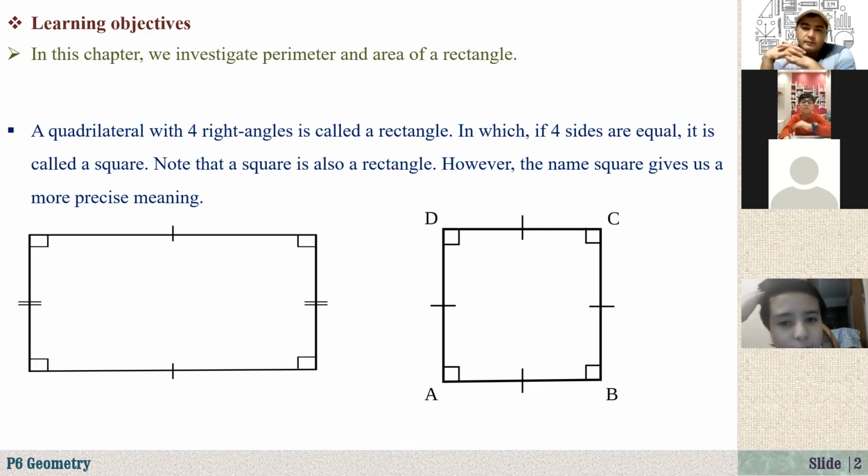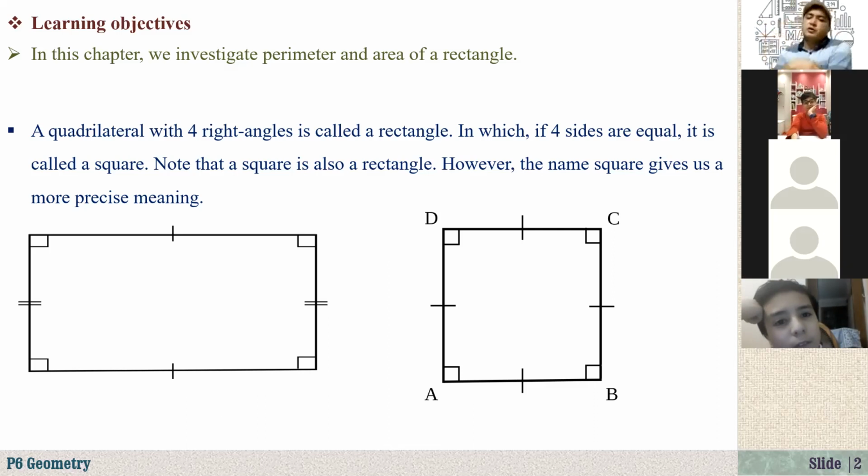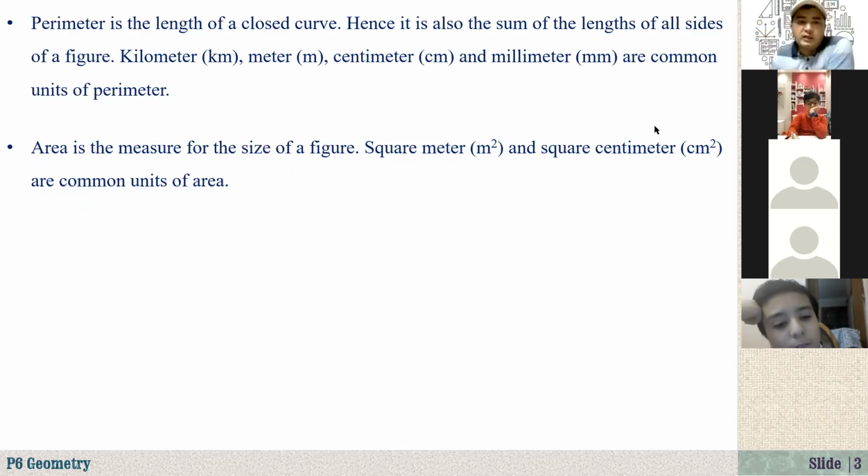Note that a square is also a rectangle. However, the name square gives us a more precise meaning. Okay, that means we will get a clearer picture when we say square. All sides are equal, all interior angles are equal.